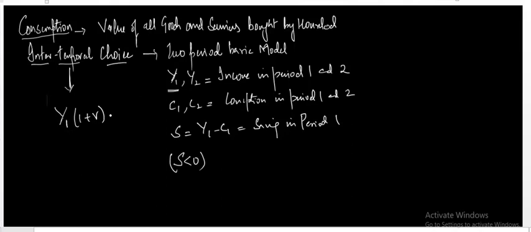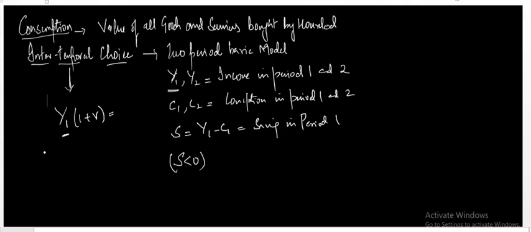So in period 2 he can consume the income that he has earned in period 1, plus the interest that he is going to earn by investing the income in period 1.